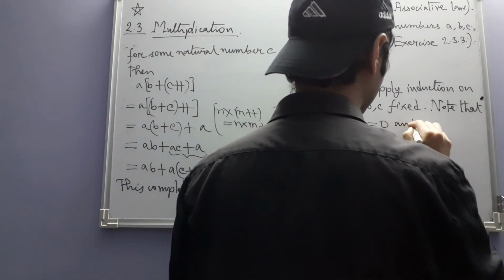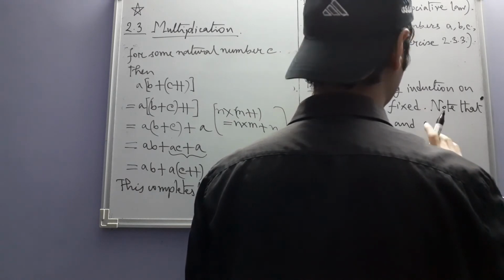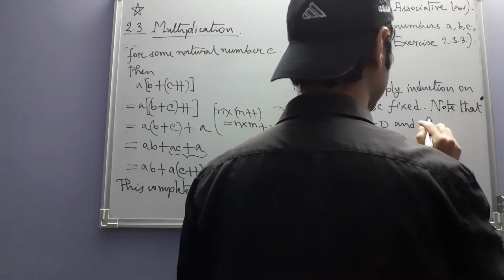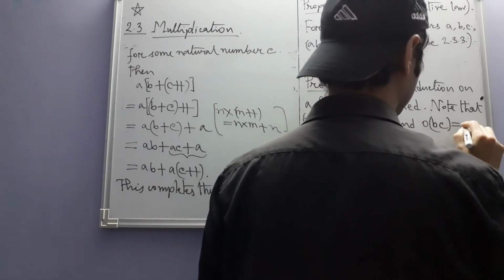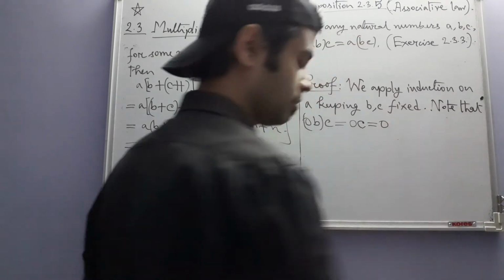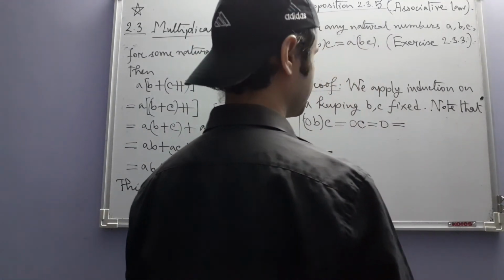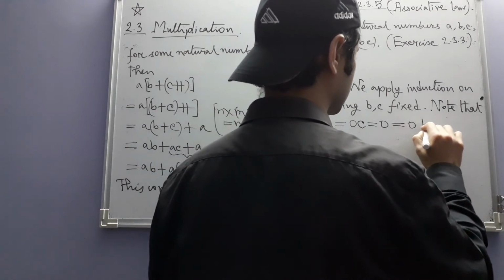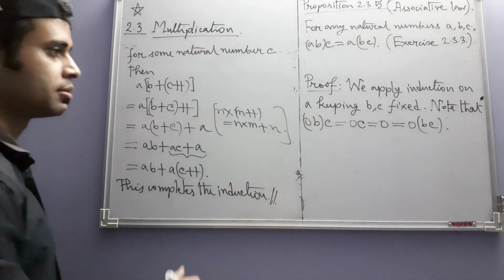And 0 times BC is equal to 0. I can write it in a single line itself. Why do I have to look at the other expression separately? This is 0 times BC. So we have the base case.